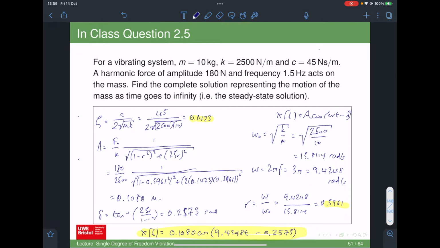I found that omega naught was 15.8114, omega was 9.4248, based upon the 1.5 hertz. Then I found R by taking my driving frequency divided by the natural frequency, which I then stick into these equations.